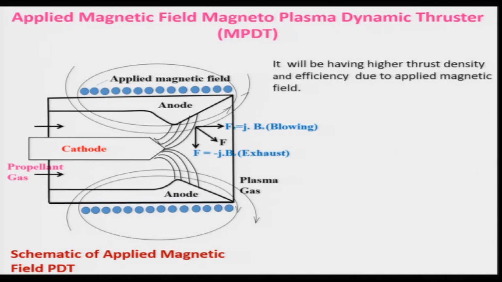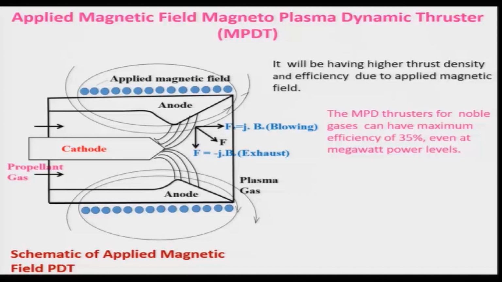And as the magnetic field is applied externally, it will have higher thrust density, and efficiency will also be higher. This kind of thruster, for noble gases, can have a maximum efficiency of 35% even at a megawatt power level.